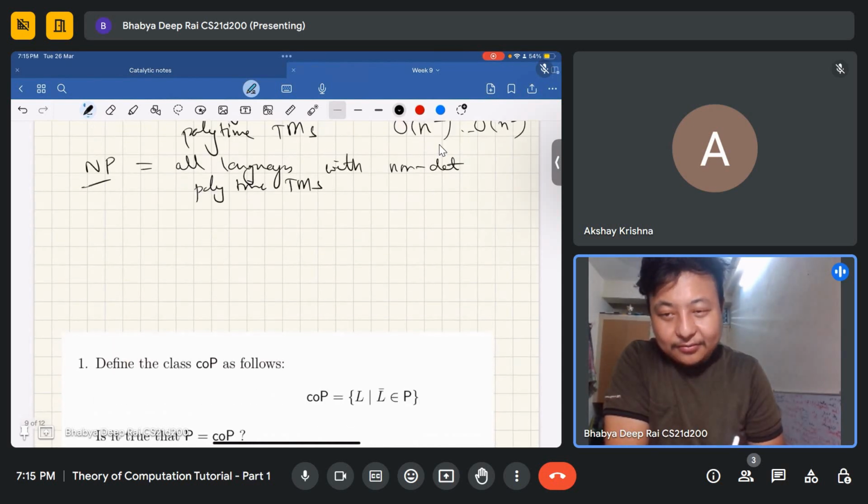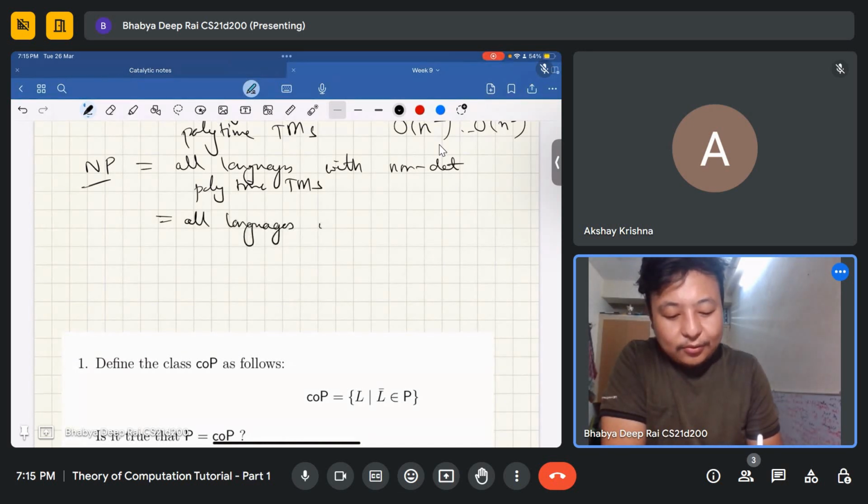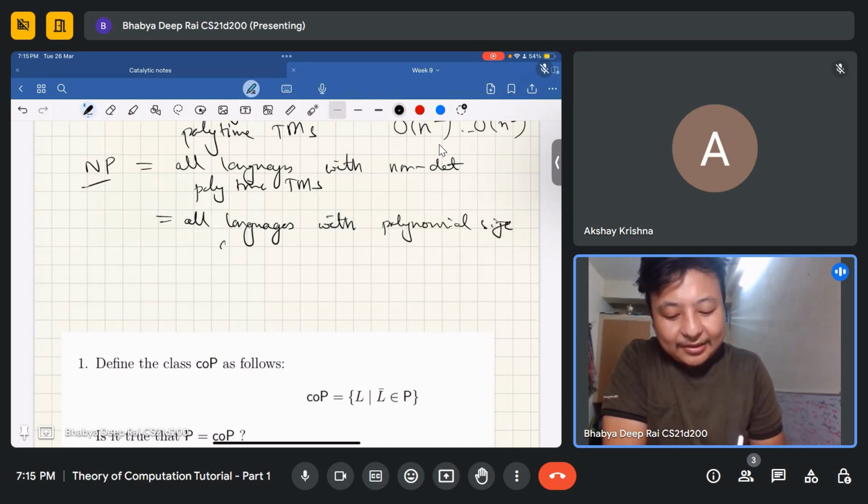Another way to define NP is all languages with a deterministic polynomial size certificate.